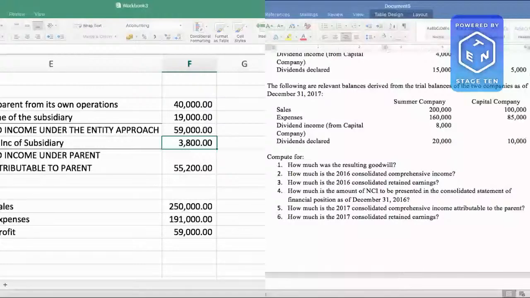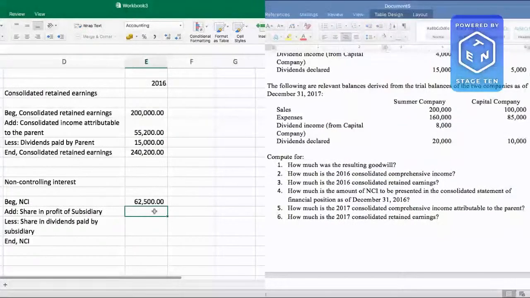It's just that it will be split between the equity of the parent and the equity of the NCI, which is just your NCI account. Everything that is for your minority shareholders is reflected in your NCI account. So the amount that will be added here, class, would be 3,800.